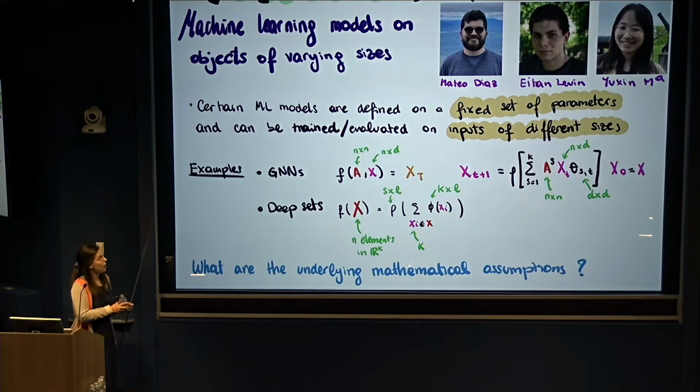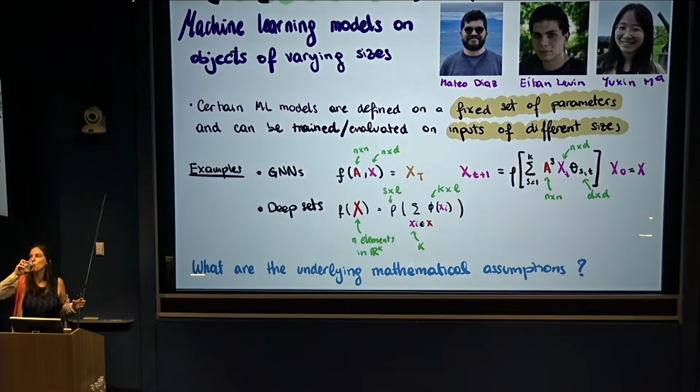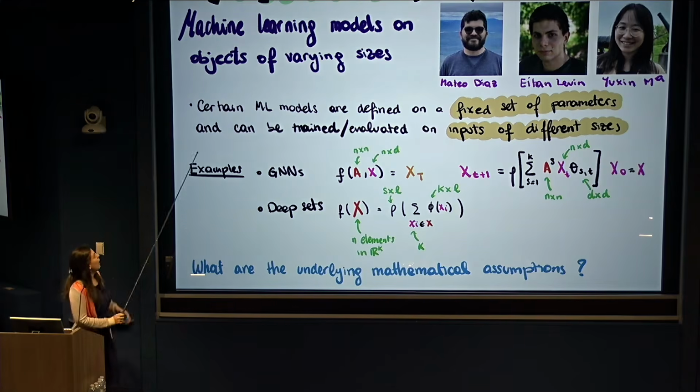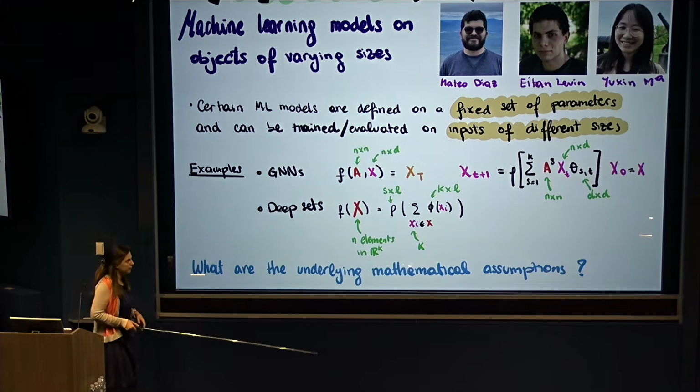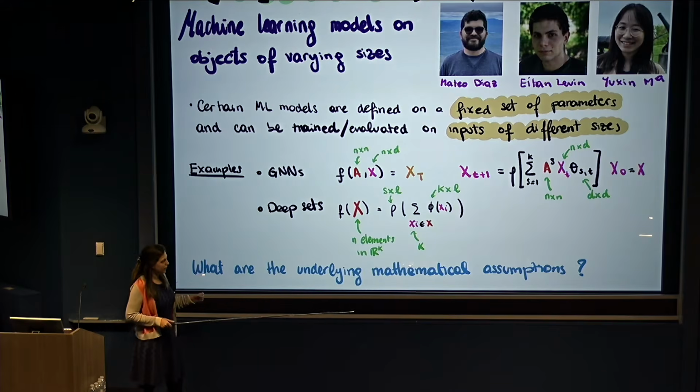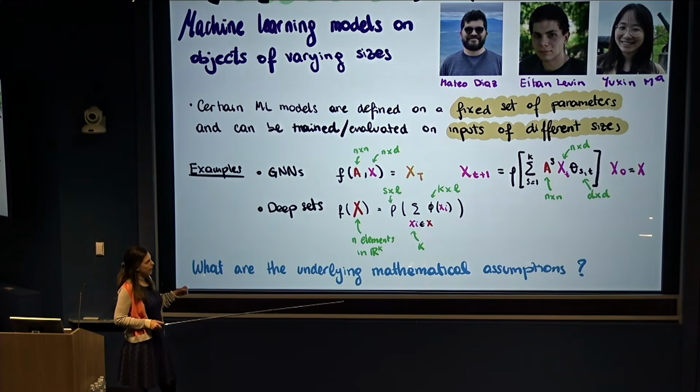So certain machine learning models have this property that you have a fixed set of parameters, and that defines a machine learning model that can be evaluated on inputs of any size.